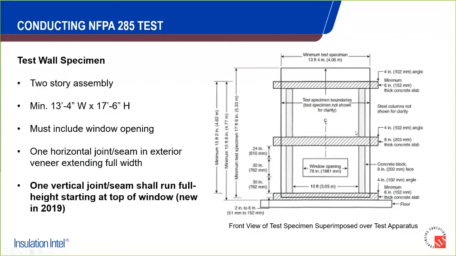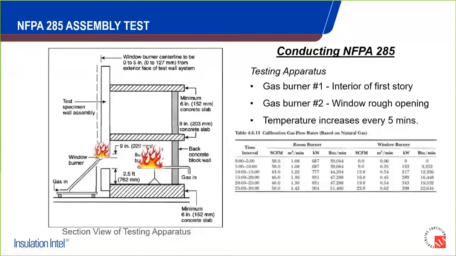These joints are frequently a weak point in those exterior systems, and we want to identify those on the front end. The new addition for 2019 is that it has to have a vertical joint or seam running full height, starting at the top of the window all the way up that assembly. You'll see that vertical joint in the photos coming up.